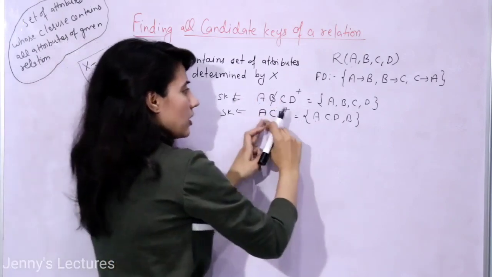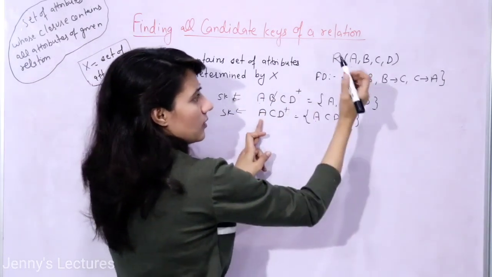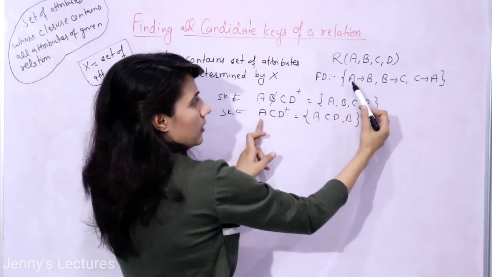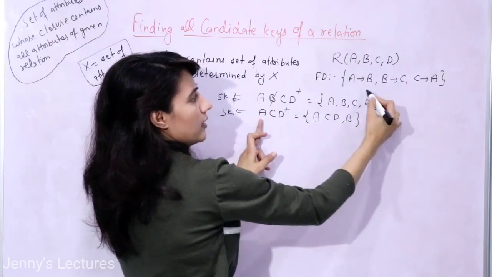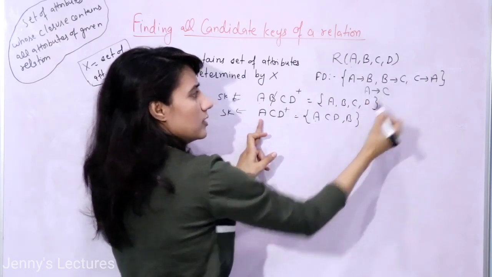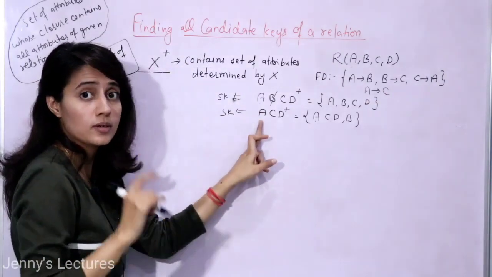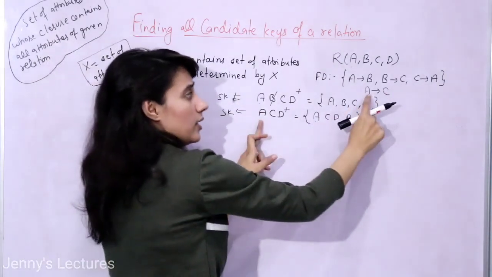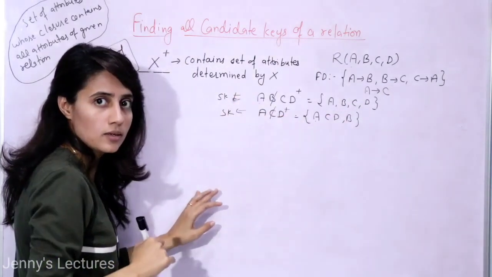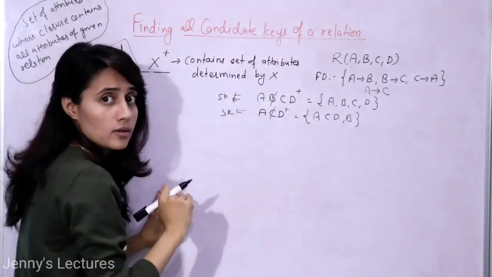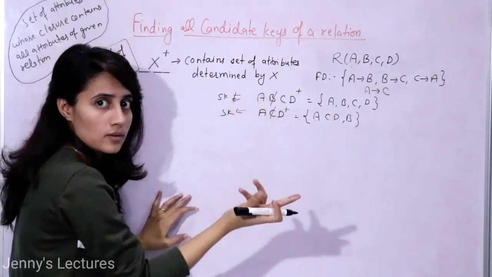Now see, can you discard any other attribute here? Here A determines B and B determines C. So can I say A will definitely determine C using the transitivity property? Yes. So if you have A, then you can determine C as well. So from here I can discard C, because I have A. What's the point of writing both A and C?